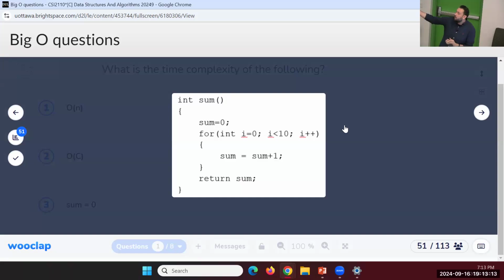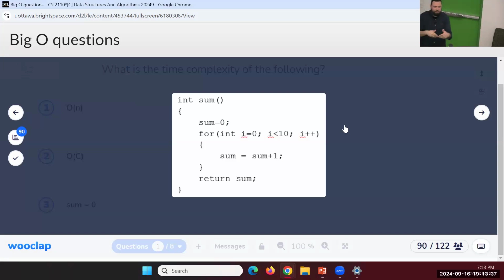So you started with i equals 0, right? Exactly. So why did you say constant? Because technically, we know that it's going to stop before 10, right? It's going to run 10 times. We know it. So this is going to be O of constant, or O of 1.